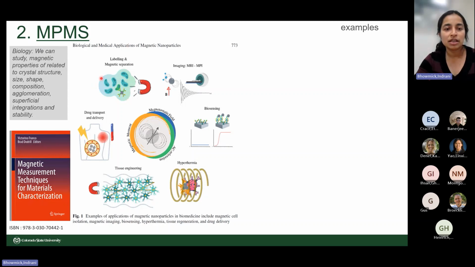So some are applications. This is a very nice book, which has a lot of nice examples of magnetic measurement techniques and its applications. So here you can see we can do labeling. We use MRI or MPI. MPI is magnetic particle imaging.